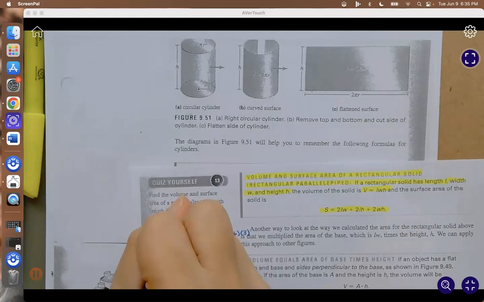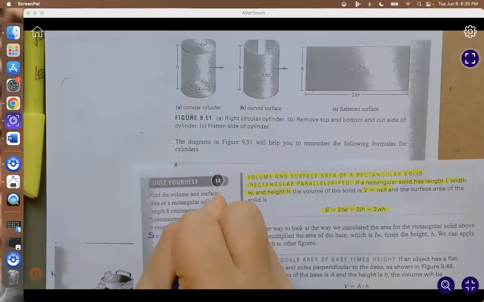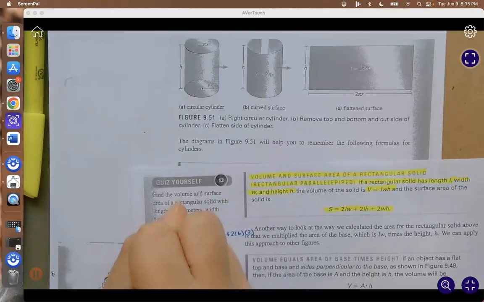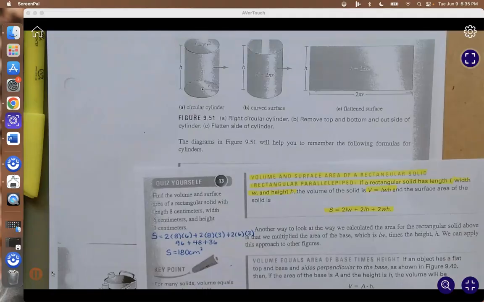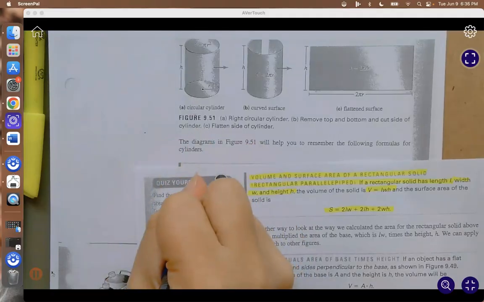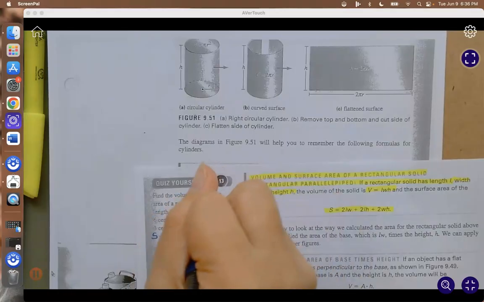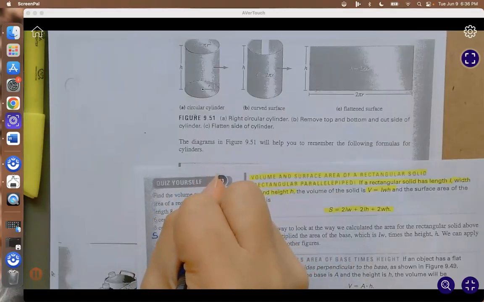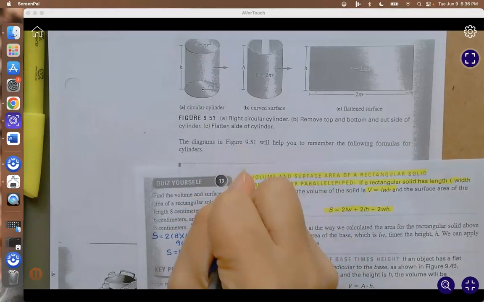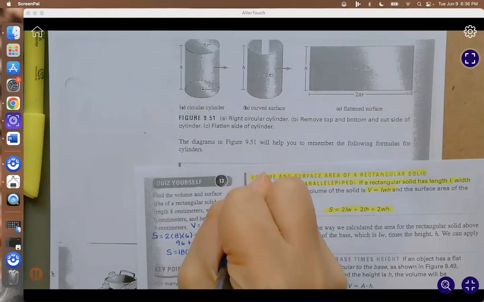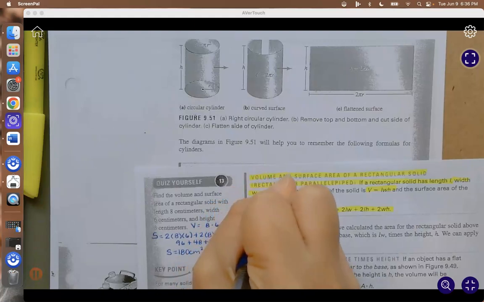So this will be 96 plus 48 plus 36. So the surface area is 180 square centimeters. All right, the volume is simply 8 times 6 times 3, which is 144 cubic centimeters.